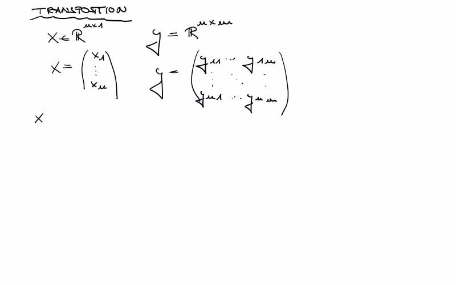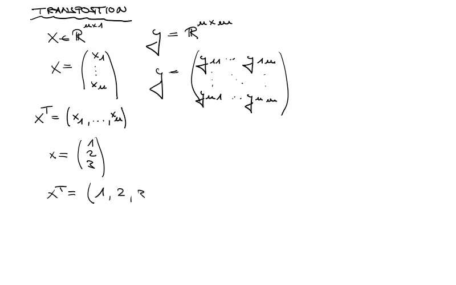So if you write x t, the transpose of x has the same entries as x, but arranged differently, namely in this case as a row, because this was a column, so this was going down like this, and this looks like this. So just as a little example, if x is 1, 2, 3, then the transpose of x is 1, 2, 3. So that's the transpose.